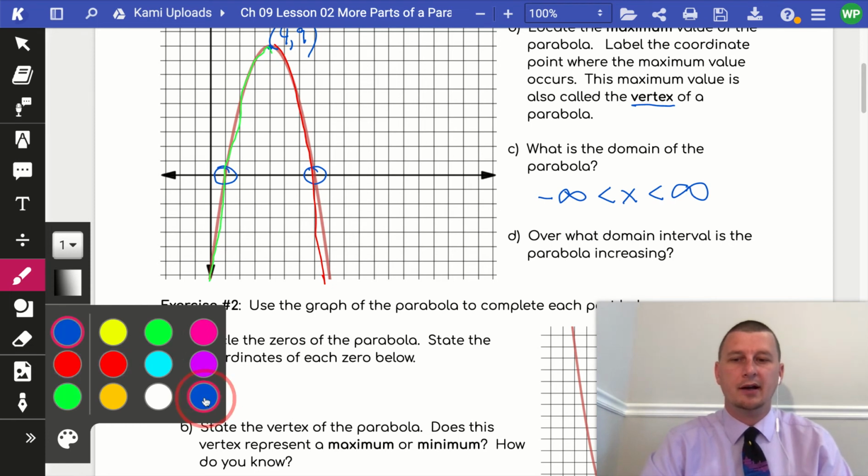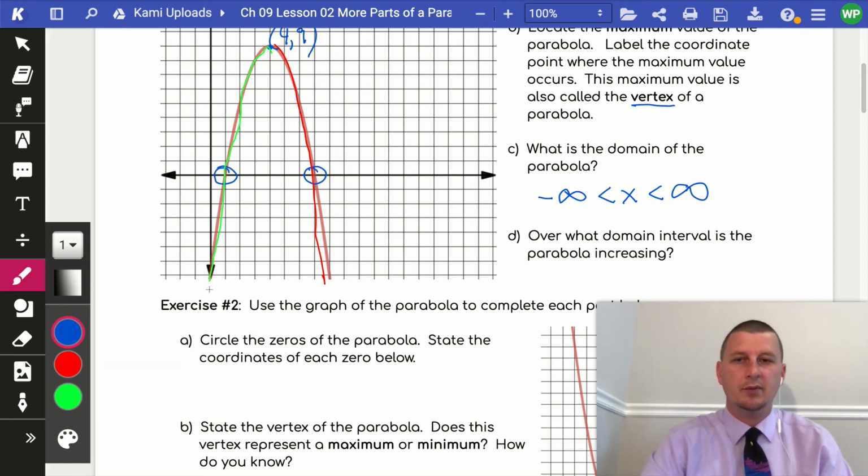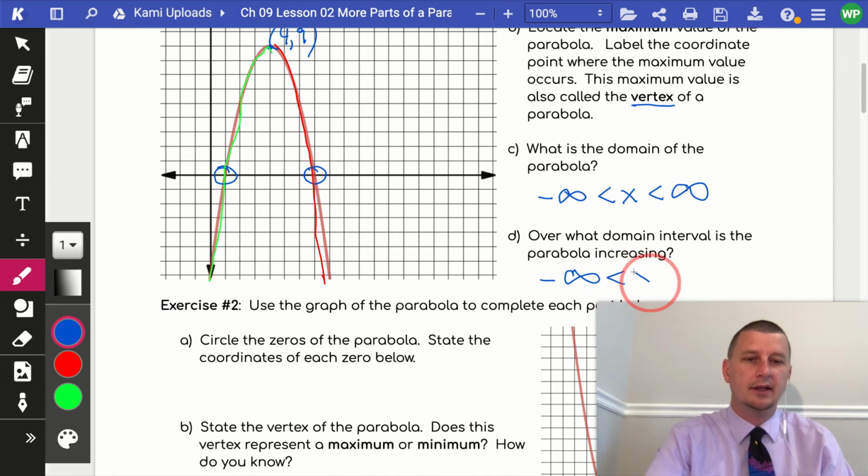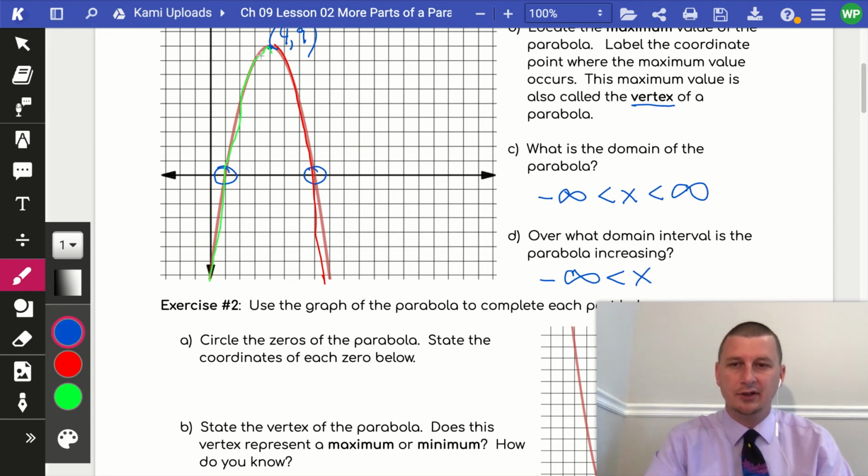We want to find our leftmost point, and we said it goes left forever. So it's going to start increasing at negative infinity, and then we're going to be less than x, and it's going to stop increasing at the x value where the maximum occurs. It's going to increase this entire interval all the way up to 4, but not including 4.